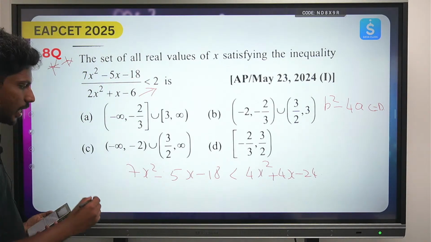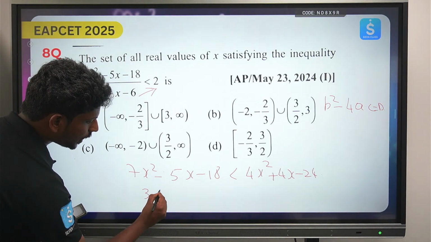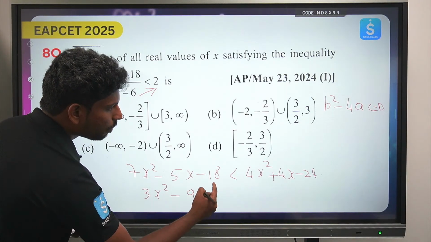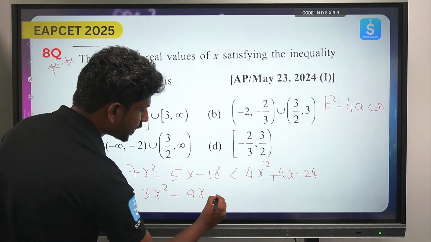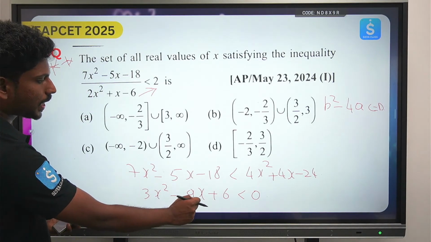Now, if you see here, the next one, 7x square minus 4x square, so that will be 3x square minus 5x minus 4x minus 9x minus 18 plus 24, that will be 6, which is less than 0. So we have 3x square minus 9x plus 6.